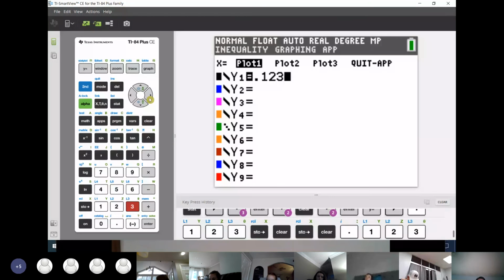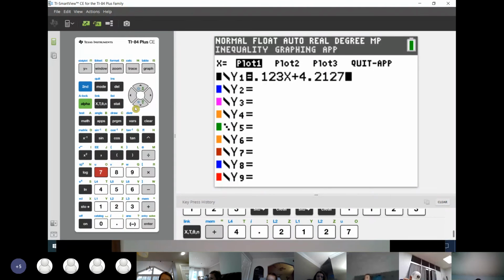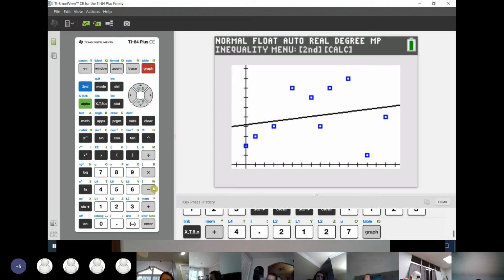I got to remember to use the calculator, not the keyboard. 0.123x plus 4.2127 and graph. And there is your line of regression. Everybody see it?